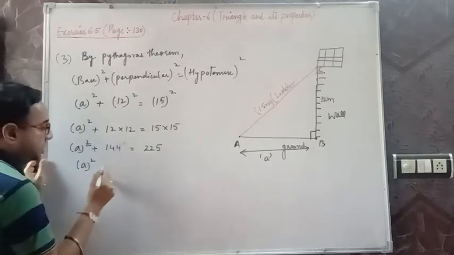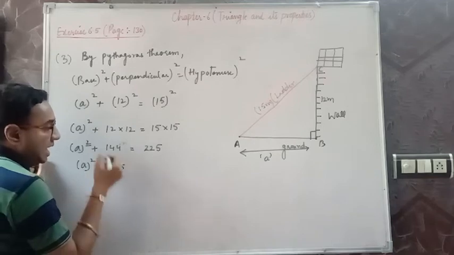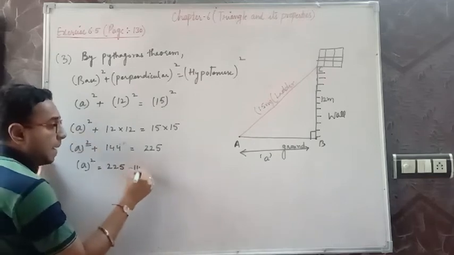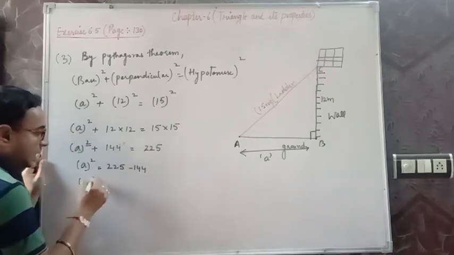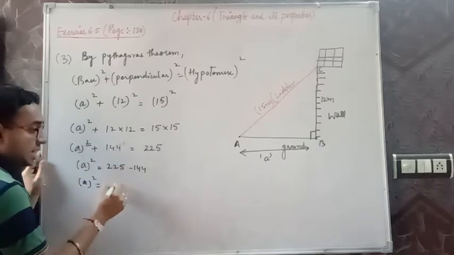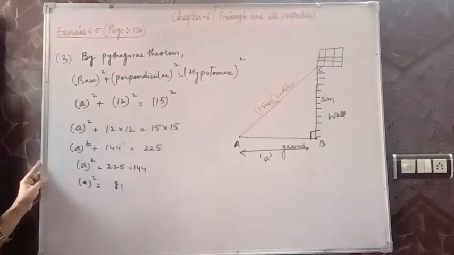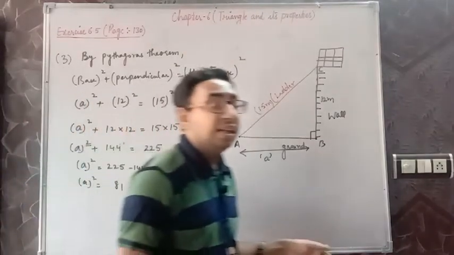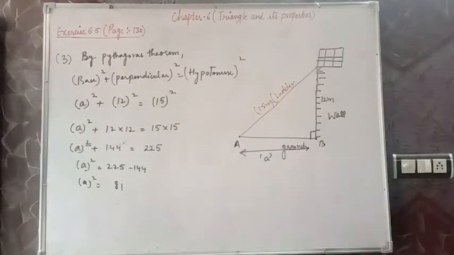We will take this first there. 225, there it was plus, here it will be minus. What will I be getting? 225 minus 144, if you solve, I'll be getting 81. Are we clear? Any doubt anyone is having?